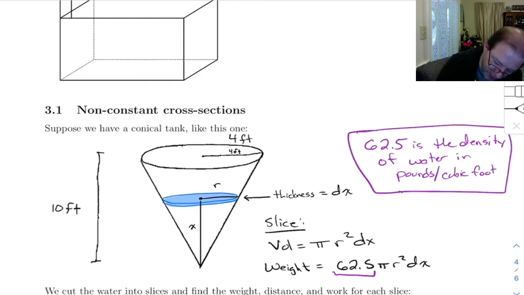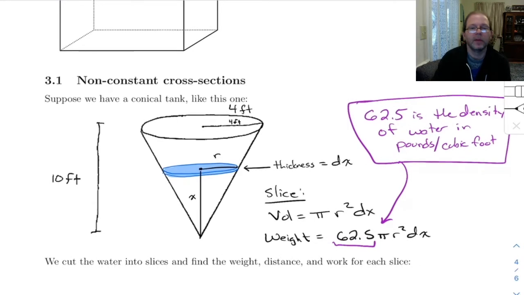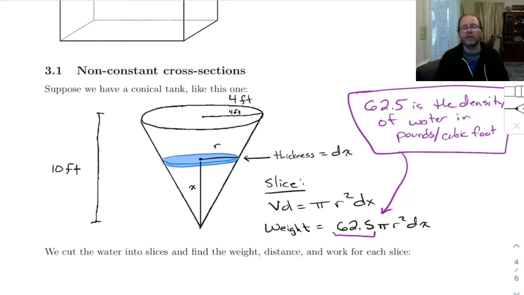So that's where this number just kind of pops out of nowhere from. Basically, use 62.5 if you're dealing with feet, and we'd use 9,800 instead if we were dealing with meters and kilograms. All right, so that's the weight of the slice.